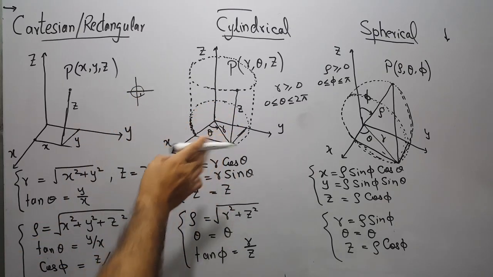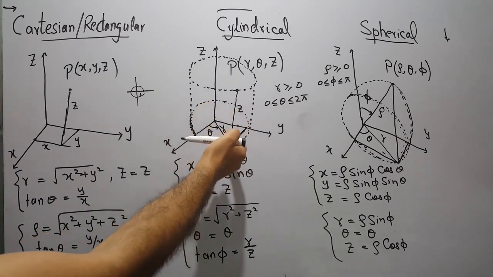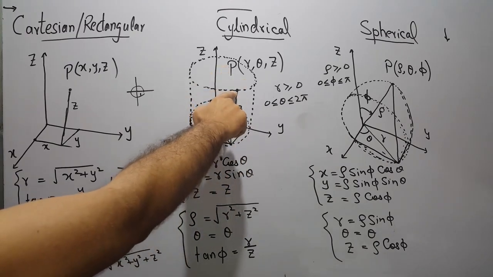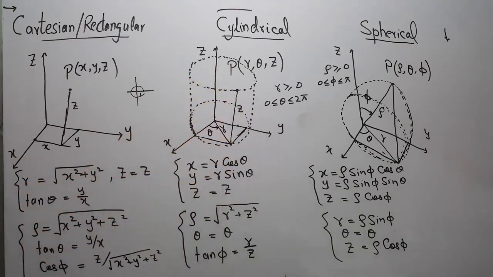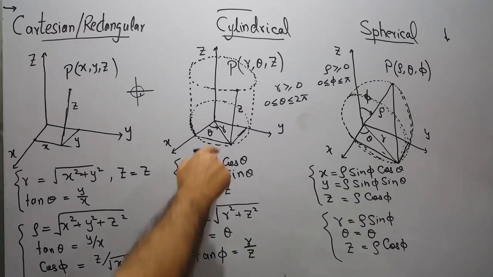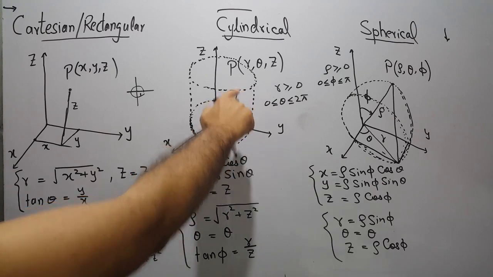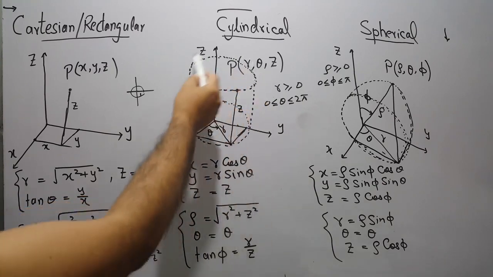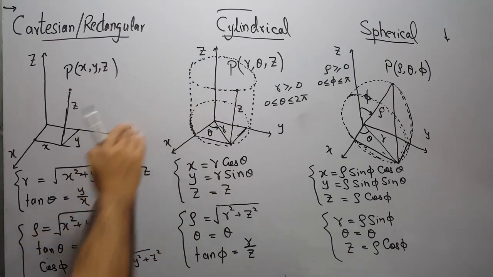Why it becomes cylindrical is that if you make a circle and then you take this circle up to a certain z value, that becomes a cylinder. That's why it's called cylindrical coordinates. So x and y are transformed into r and theta, and z stays as it is. Now you can see this is making the shape of a cylinder. That's why it's called the cylindrical coordinate system.